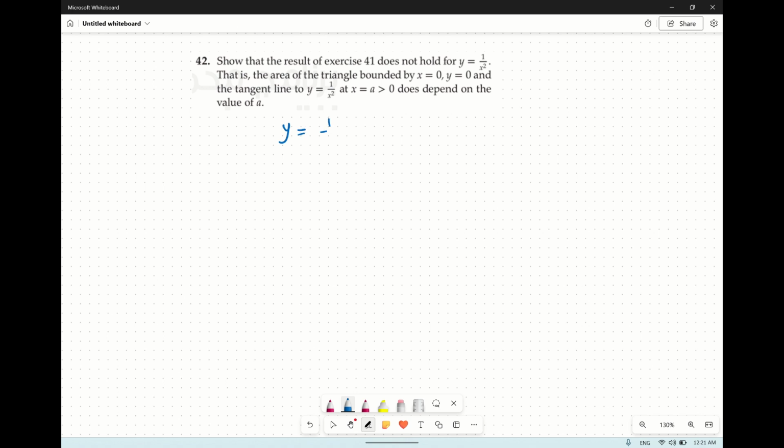Now my equation is 1 over x squared at x equals a. So step number 1, you need the point. The point is a and 1 over a squared. Number 2, you need m of the tangent. So y prime is going to be negative 2 over x cubed.